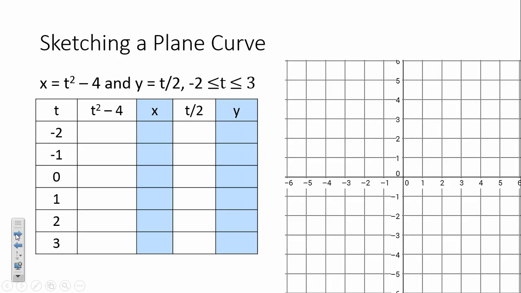We want to be able to sketch a plane curve, and we're told that x is equal to t squared minus 4, and y is equal to t divided by 2. And this curve is defined when t is between negative 2 and 3, which doesn't make a lot of sense, as we don't usually think about time as being negative time.